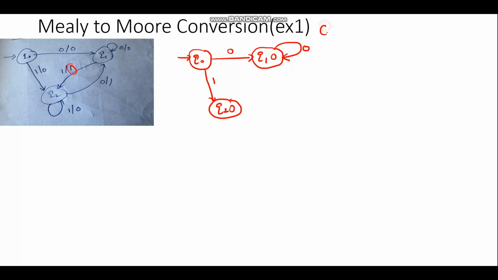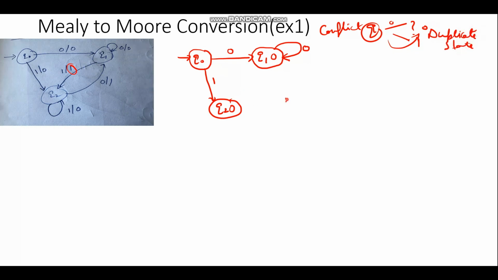What happens if there is a conflict? Conflict means a state going to some state with output 0 on one edge and output 1 on another, so we can't decide that the edges are going to the same state. What is the solution? The simplest solution is to create a duplicate state.